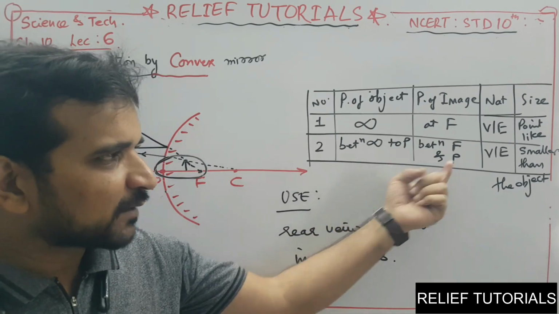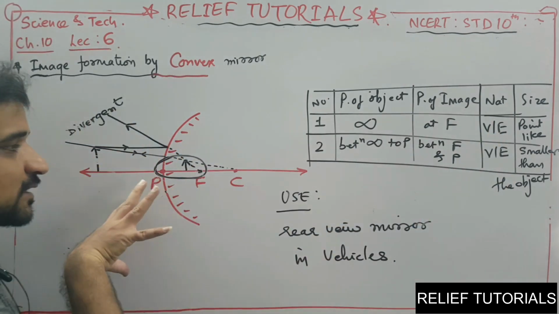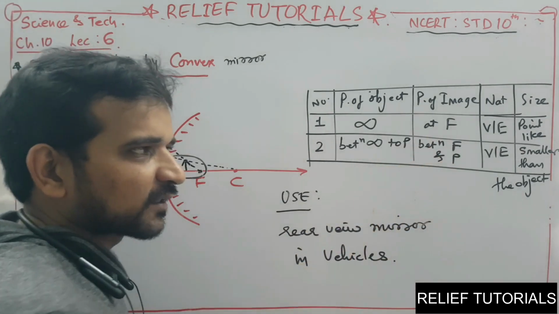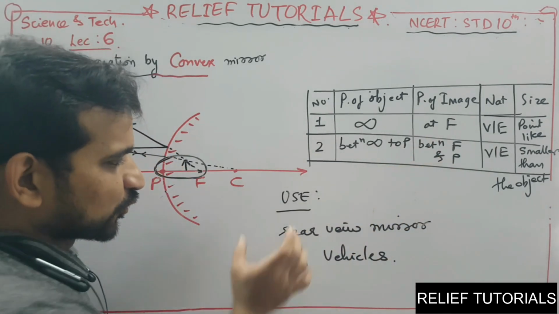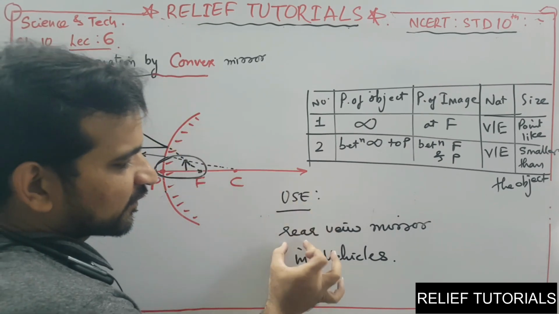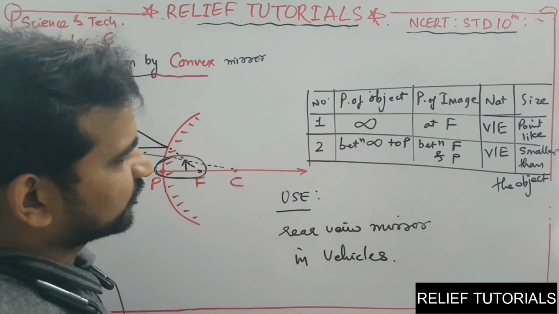The nature of that image will be virtual and direct, so we can see the image behind the mirror, and the size of it will be smaller than the object. So there is only one use of convex mirror, that is the rear view mirror. It's very important.